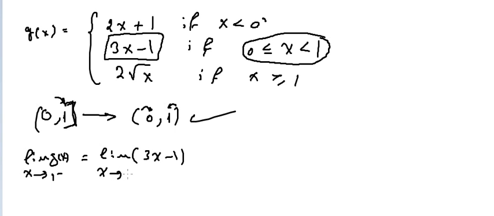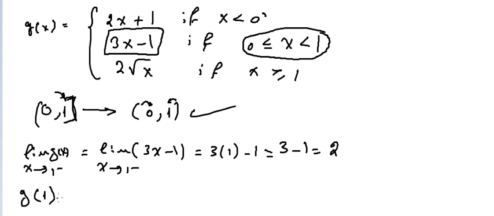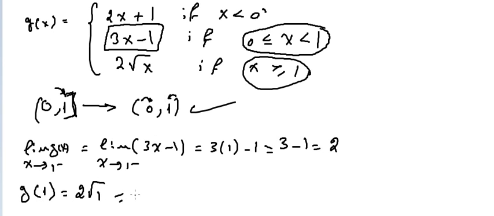As x approaches 1 minus, the answer is 3 times 1 minus 1, which is 3 minus 1, which is equal to 2. And we have to study g at exactly 1, which is g of 1. When x equals 1, g of x is 2 radical x, so it's 2 radical 1, so the answer is 2 times 1, which is also equal to 2.